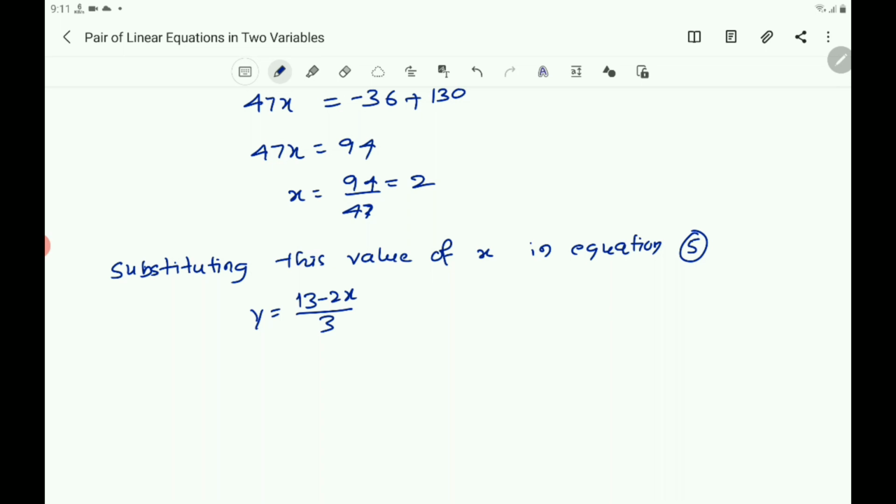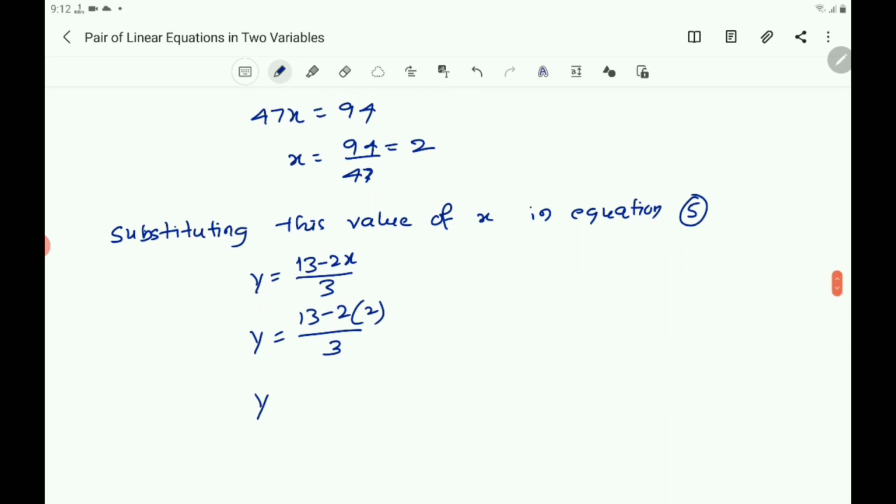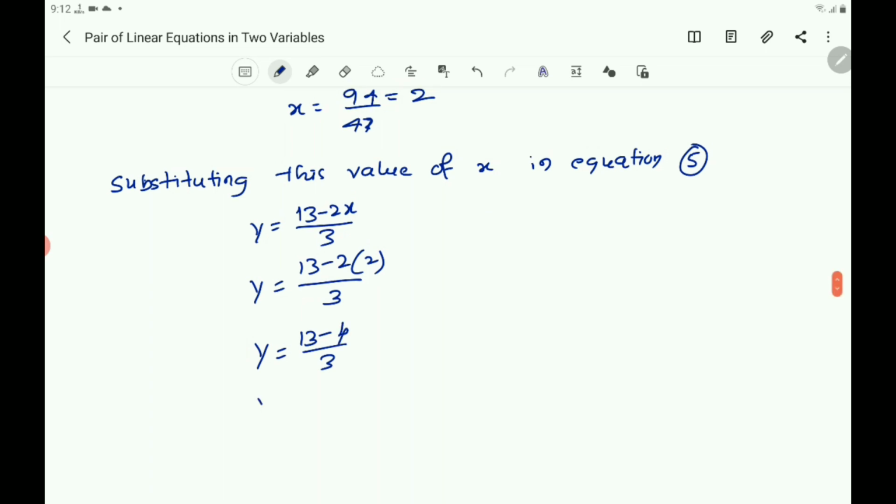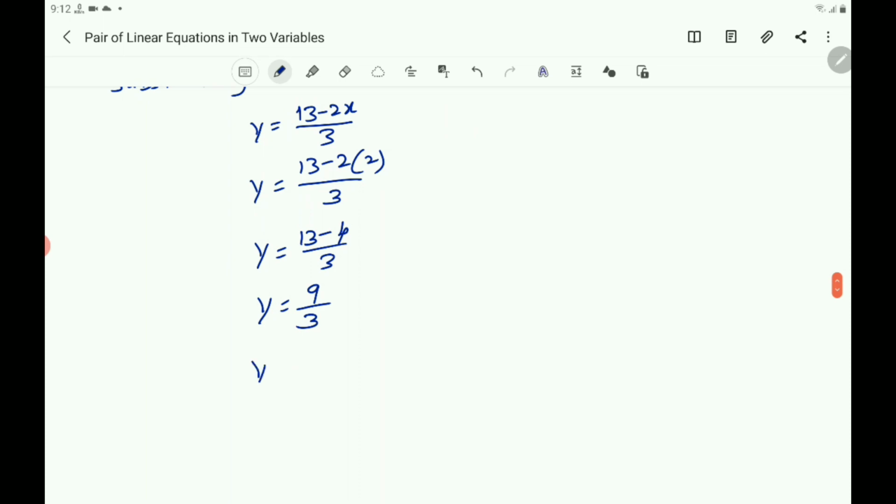Then you write y equals 13 minus 2 into 2 by 3. Then you will get y equals 13 minus 4 by 3. y equals 13 minus 4 is 9, 9 by 3. Then y equals 3 3s are 9, so 3.